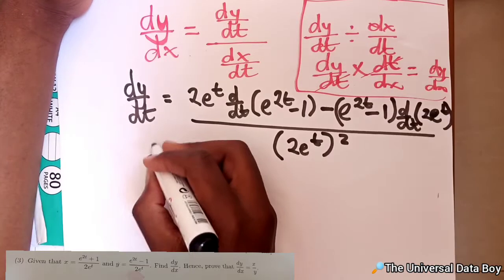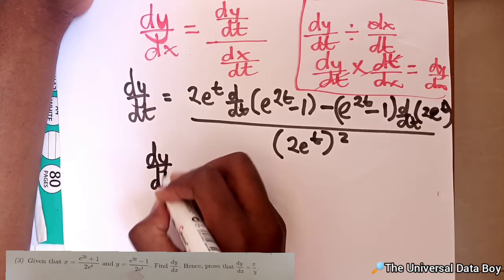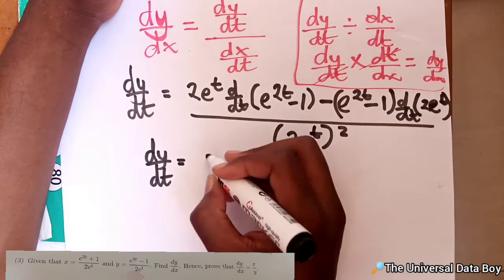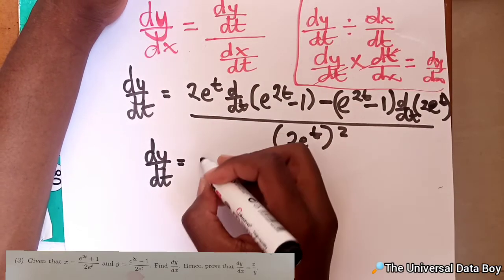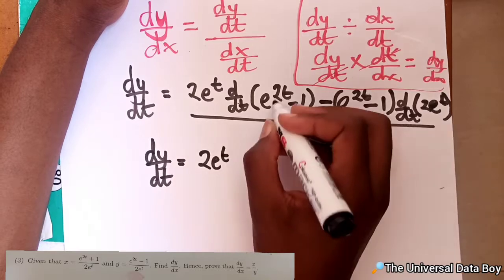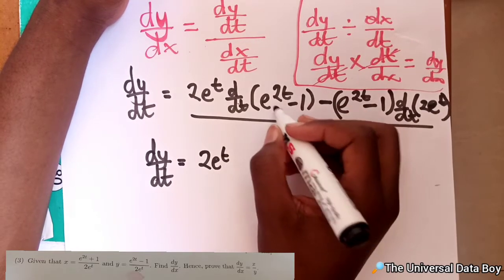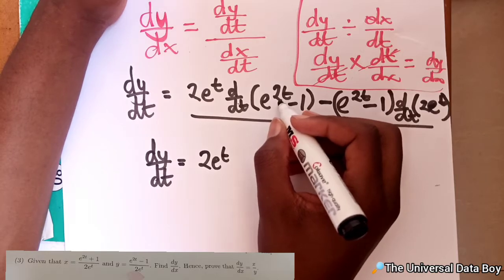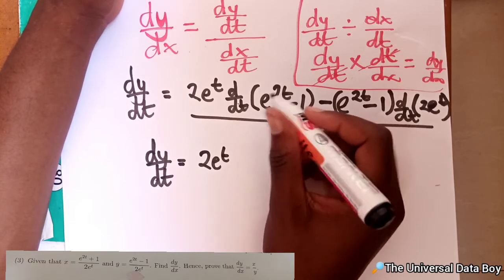So now dy by dt is going to be equal to, we just write our 2e, the derivative of the whole function here. Here we're going to use substitution.